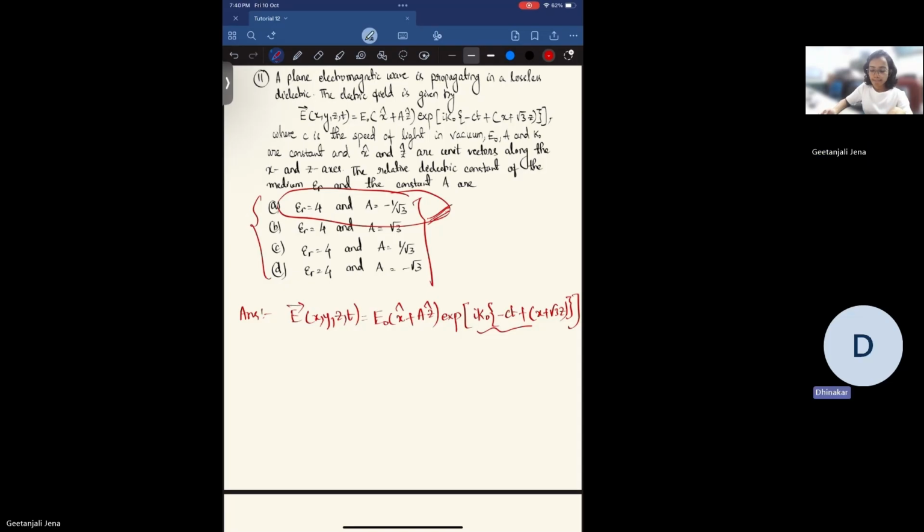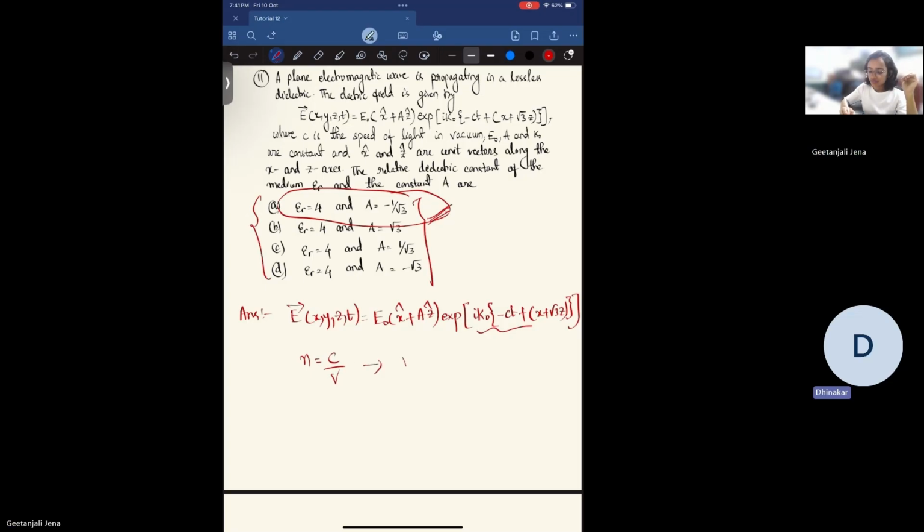So do you get epsilon r is 4? That I don't know, ma'am. Okay. Relative permittivity is related to the refractive index, right? You have K, you know omega, so you can calculate V and relate it to the refractive index, because refractive index is nothing but C by V. Yes.